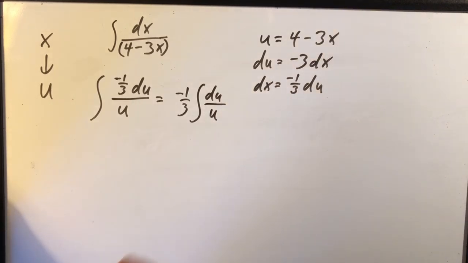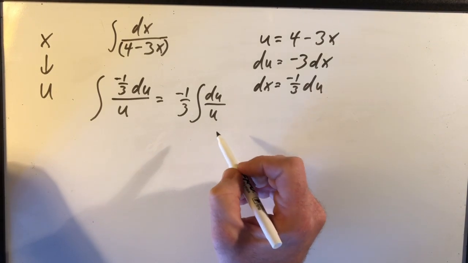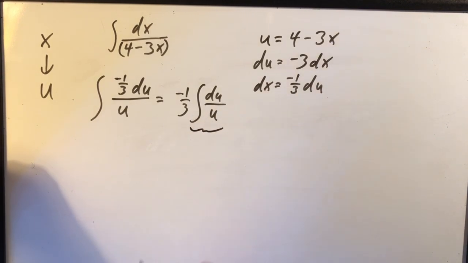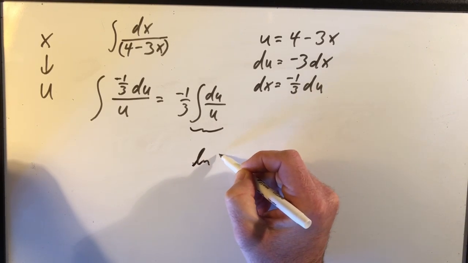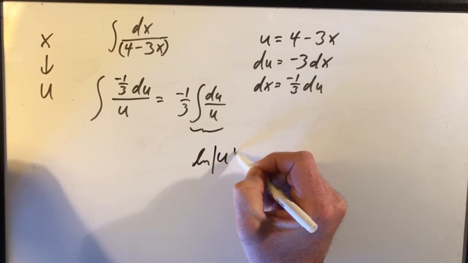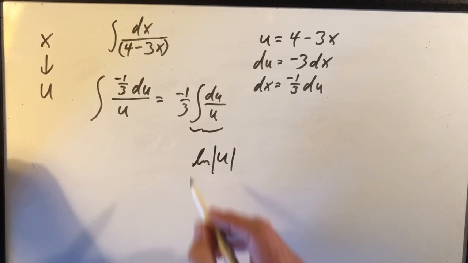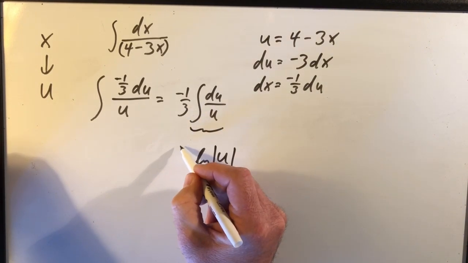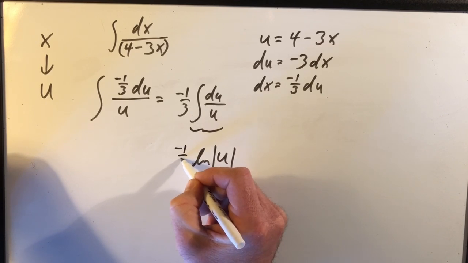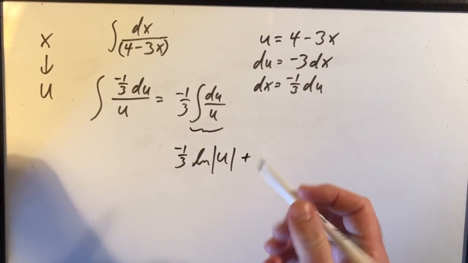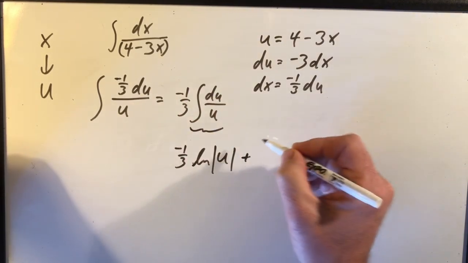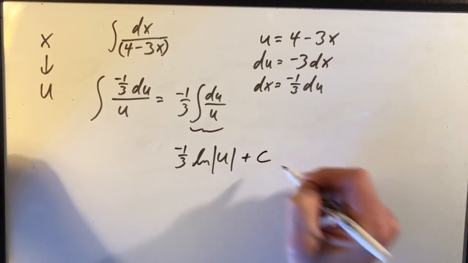So if you look at your tables of things we know how to integrate, you'll know that that one right here actually becomes the natural log of u. And it's actually the absolute value of that. So we'll just carry down the negative 1/3, and we'll do good bookkeeping because this is an indefinite integration, plus c.